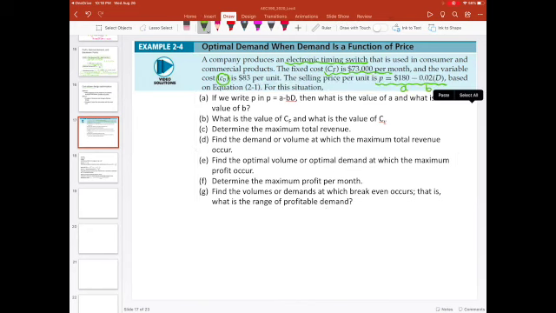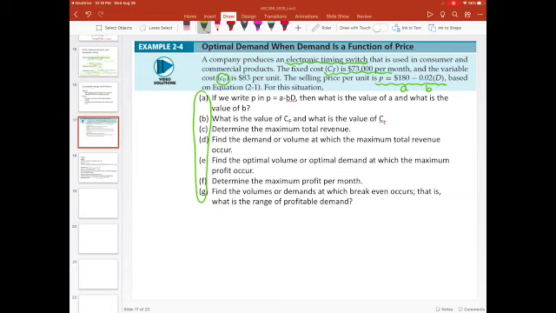Okay, think about that. What is A? What is B? Okay, based on this situation, these are the questions you need to answer. So first, if we write P as P is A minus BD, we have seen this, right?